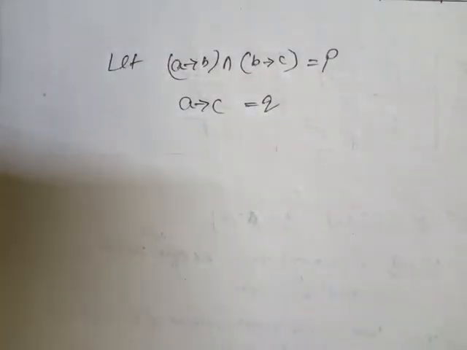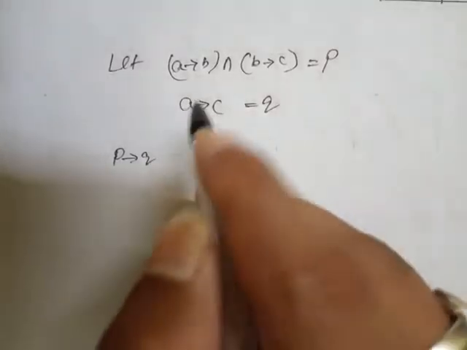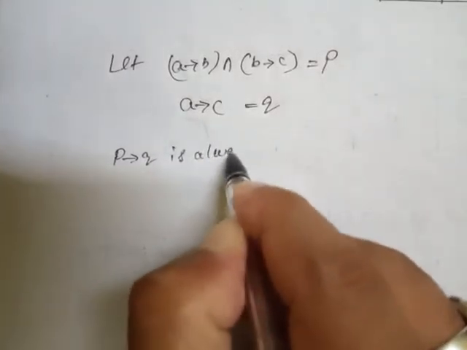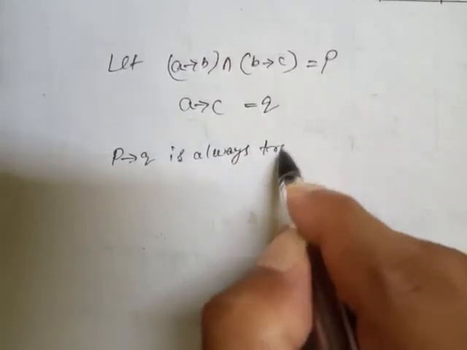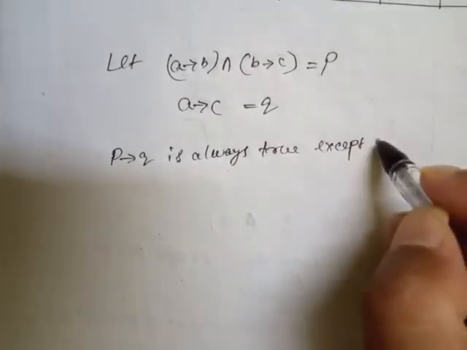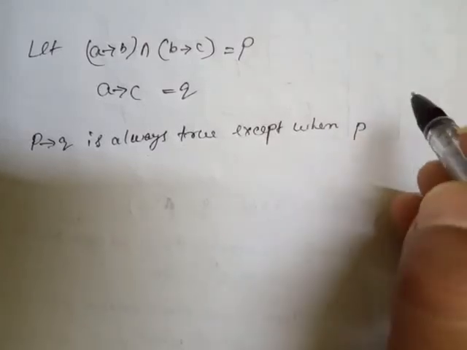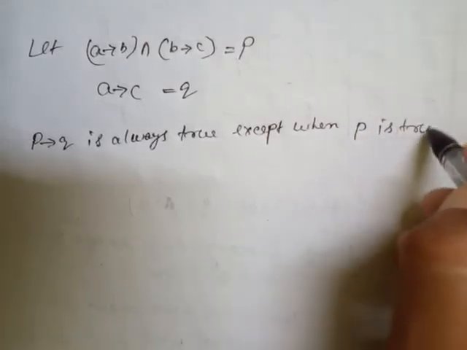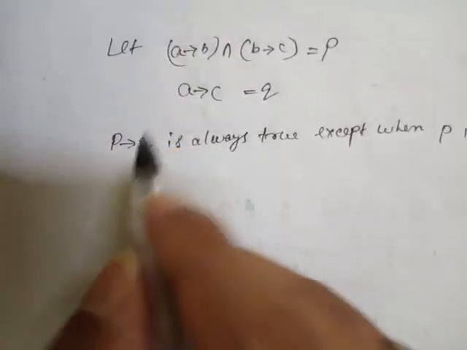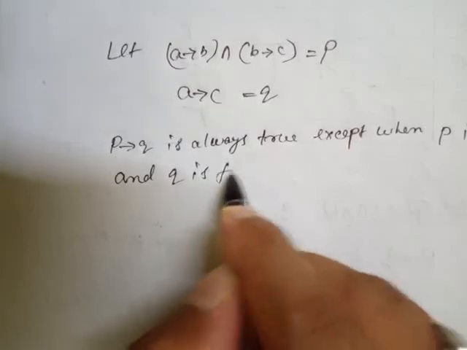Okay, now student, P implication Q is always true, except, write down that, when P is true and Q is false.